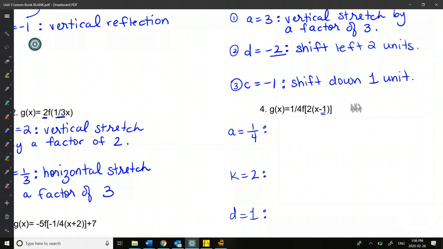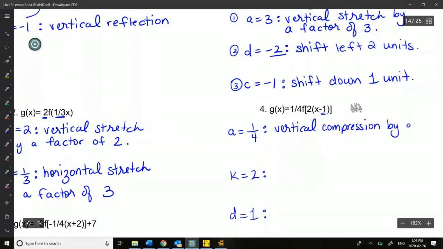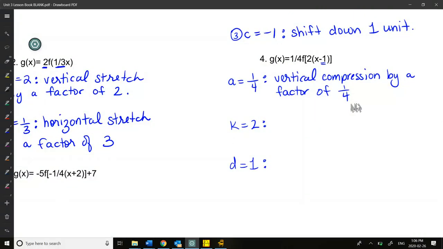Cameron? Give us a vertical compression by a factor of 4? 1/4. Yeah, 1/4. Okay, leave A exactly as it is. It's only K that you do the reciprocal for. Very nice.